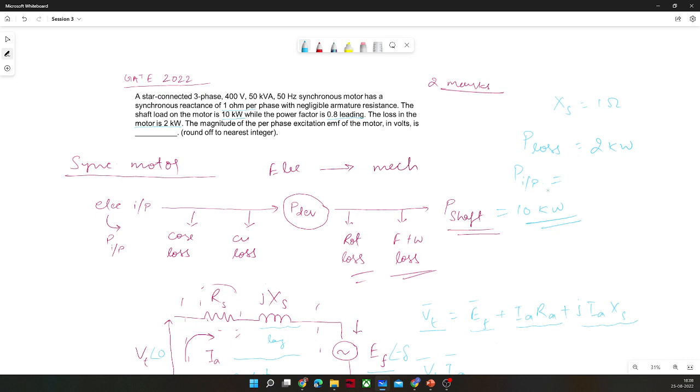Thanks. Power output plus loss, and power output is the shaft power given. Shaft power plus total loss in the machine. Correct. So we have found that input power is 12 kilowatt.